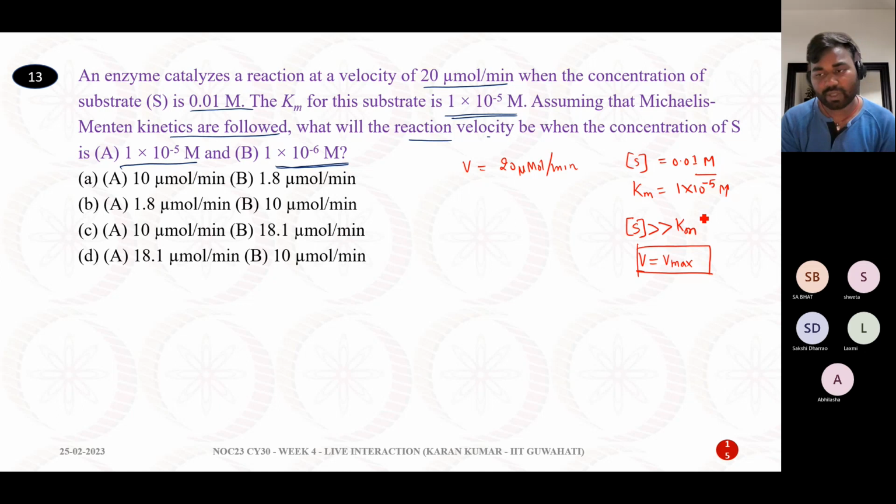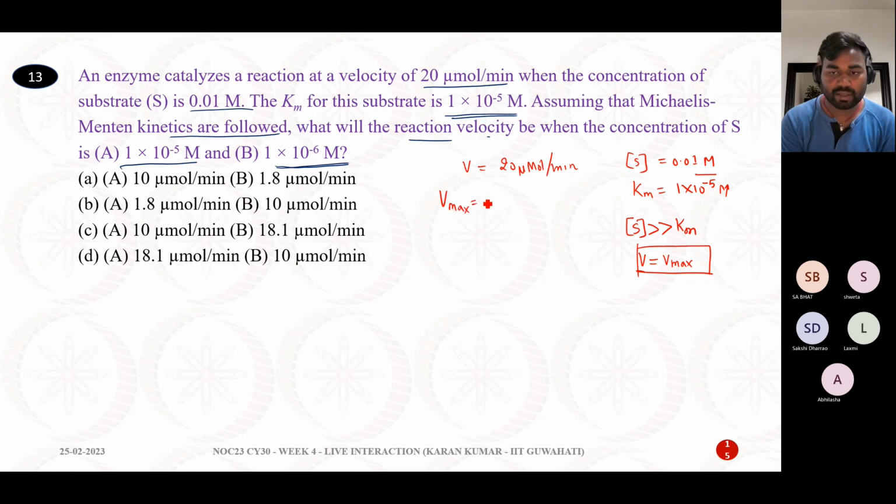With concentration much larger than the Km, the enzyme catalysis occurs as zero order kinetics, and the reaction velocity will not depend on the substrate concentration. It will be independent, and the velocity will be at its maximum, Vmax. So this reaction velocity that you have given is the Vmax.